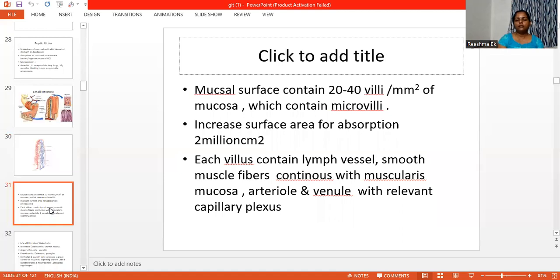On the small intestinal cells, we can see microvilli, and this increases the surface area for absorption. Each villus contains lymph vessels, smooth muscle fibers continuous with the muscularis mucosae, and an arteriole and venule with a capillary plexus. So villi are the finger-like projections of the mucous membrane of the small intestine.